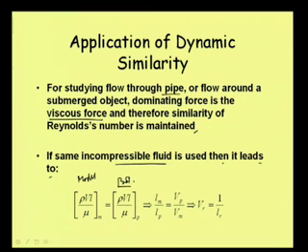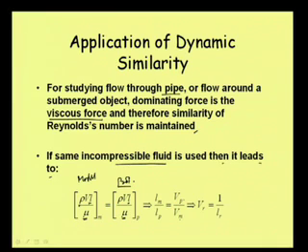So, this will give us L m by L p, say this L p and this is L m. Rho is the same, and mu is the same, we are using the same fluid. In a sense we can say that dynamic viscosity and density are the same, or indirectly you can say that the kinematic viscosity nu, that is mu by rho, is the same. So, if nu is the same, we just cancel this, and then we get L m by L p is equal to V p by V m.